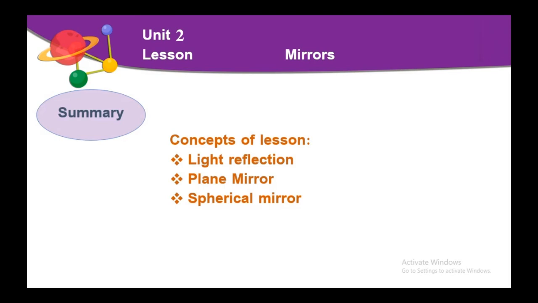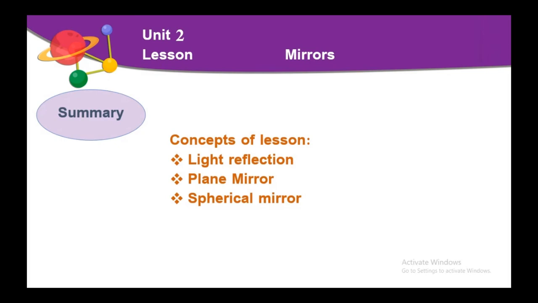Number 4, the straight line joining the object and the image is perpendicular to the reflecting surface. The last one, the distance between the object and the mirror equals the distance between the image and the mirror.